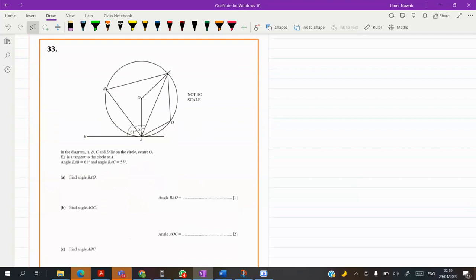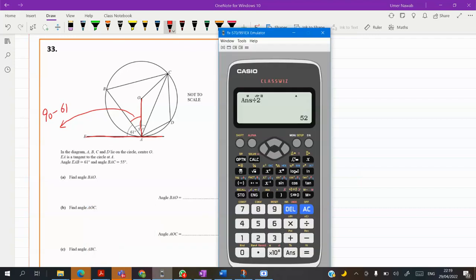33rd question. We want to find BAO. This angle is required. You remember, guys, OA is the radius and BA is the tangent. So 90 minus 61 gives you 29.